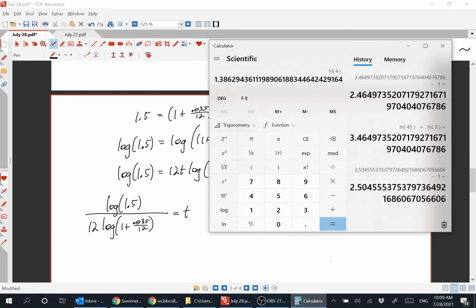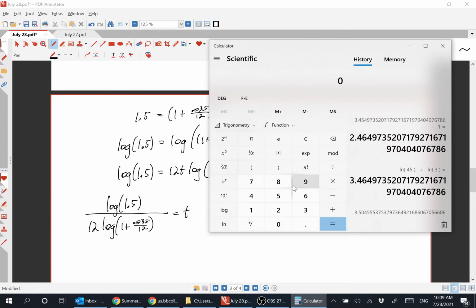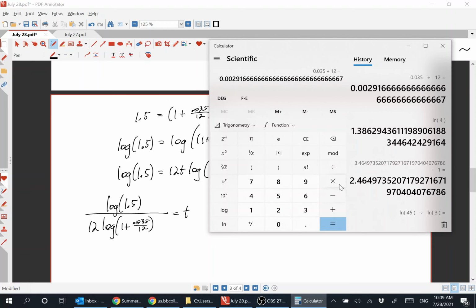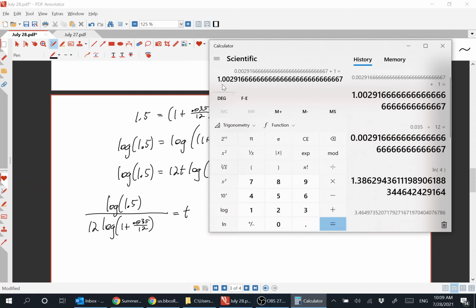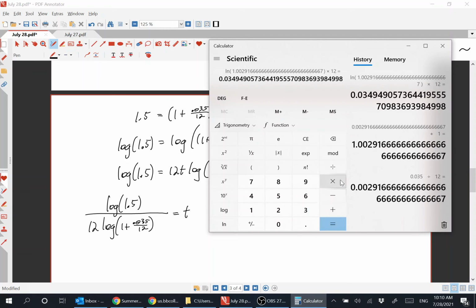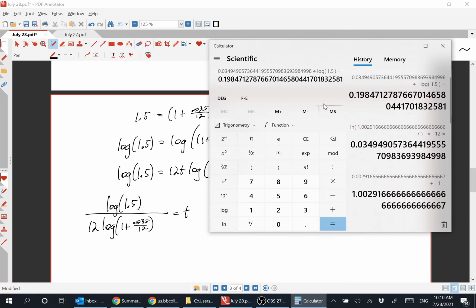So let's get a number for that. 0.035 divided by 12, plus 1. So 1.0029166666, natural log of that, times 12, divided by 1.5 natural log. I'm calculating the reciprocal here.